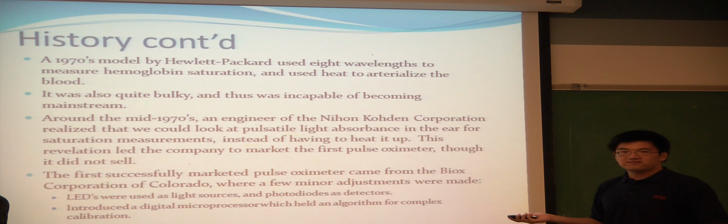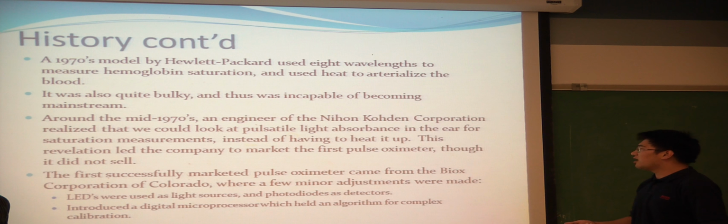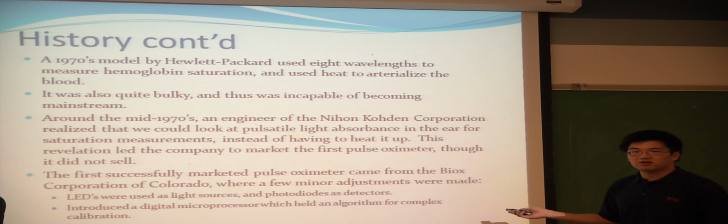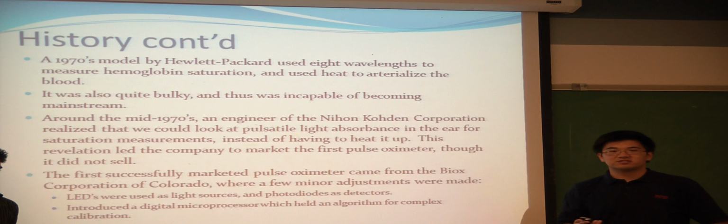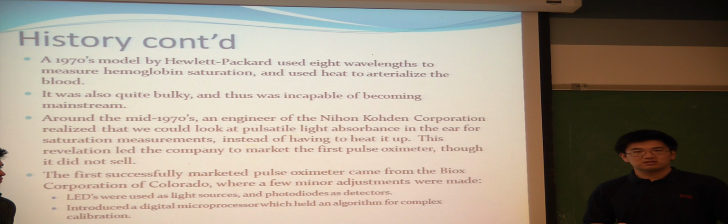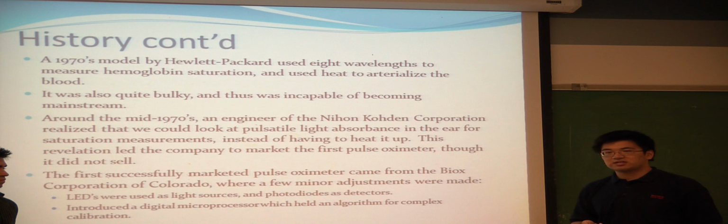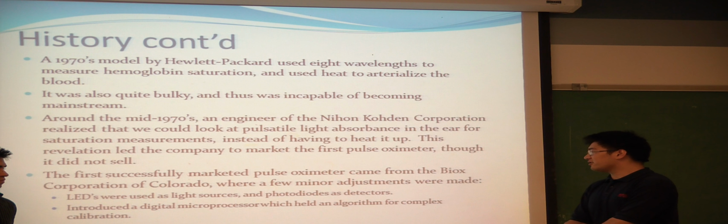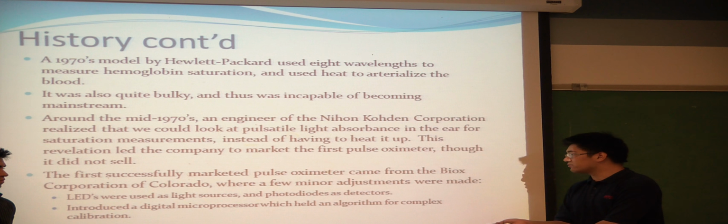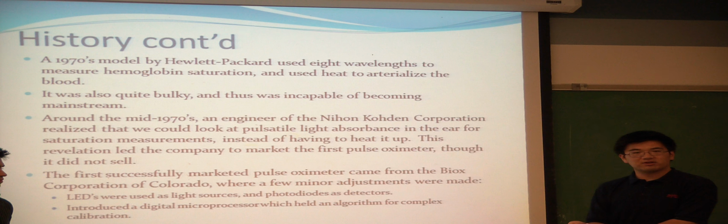However, in the late 70s to early 80s, someone from the Black Corporation in Colorado made a few adjustments to the pulse oximeter, which made it a little bit better. They added LEDs as a light source and photodiodes as a receptor. And they also added a digital microprocessor, which held an algorithm for calibrating the machine.